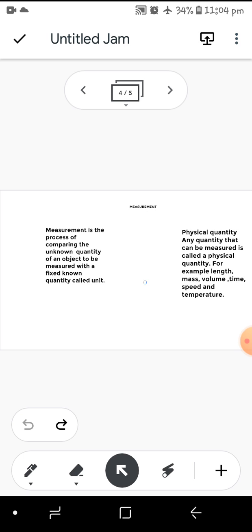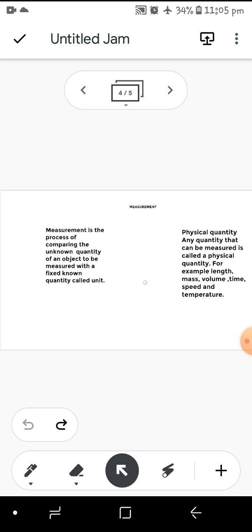And any quantity that can be measured is called a physical quantity. Like time is measured by a clock, na? So time is a physical quantity. Distance we measure, so distance is a physical quantity. Mass is also a physical quantity.